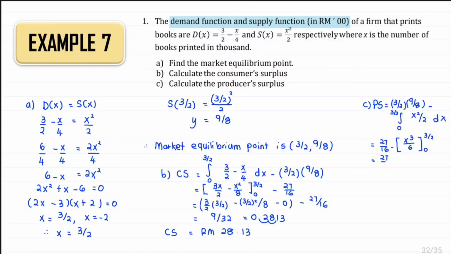Then we substitute the value for x, so we get (3 over 2) cubed over 6 minus 0. Then we solve, we get 18 over 16, or the same as 1.125. Since in RM100, our PS equals RM. Move the decimal, 112 ringgit 50 sen.